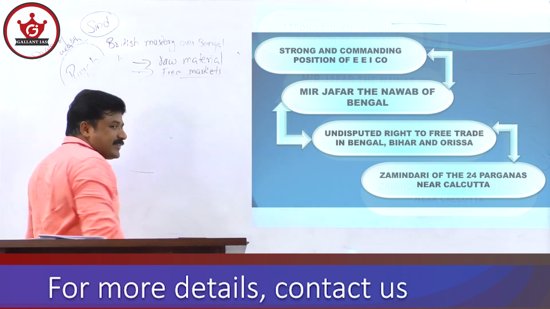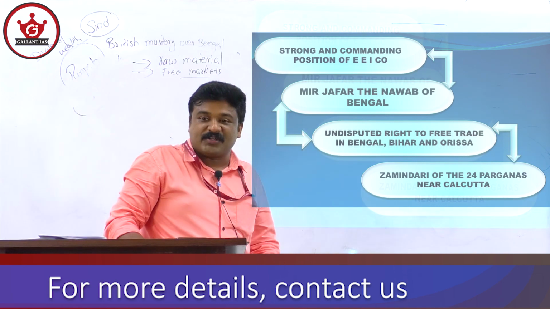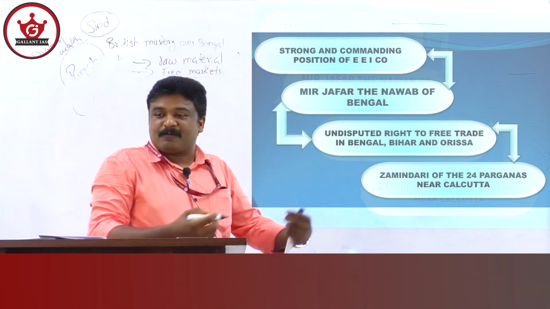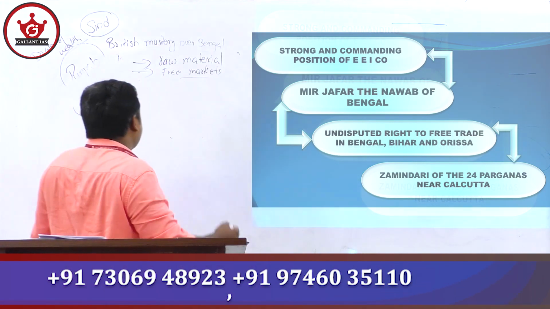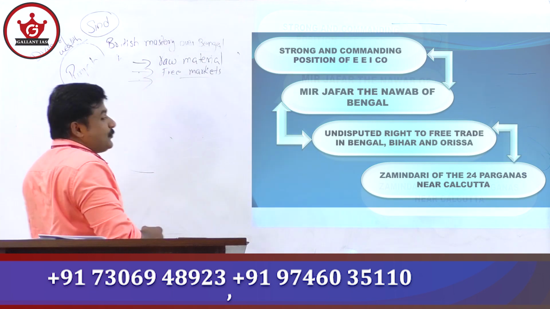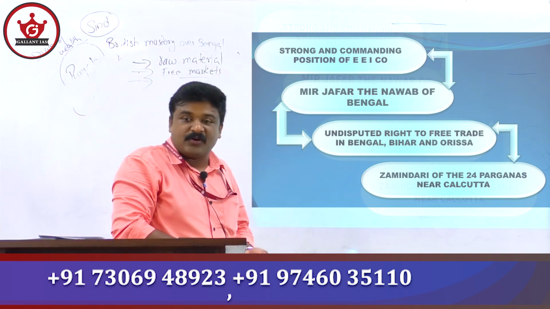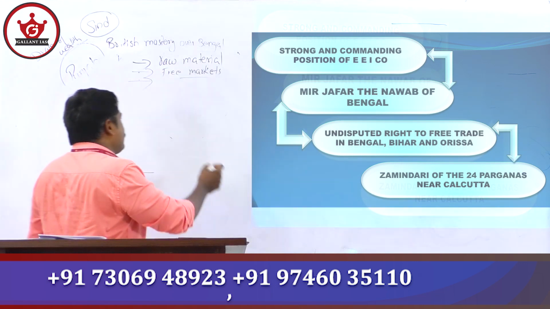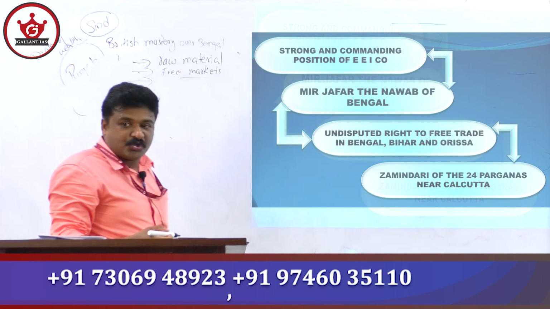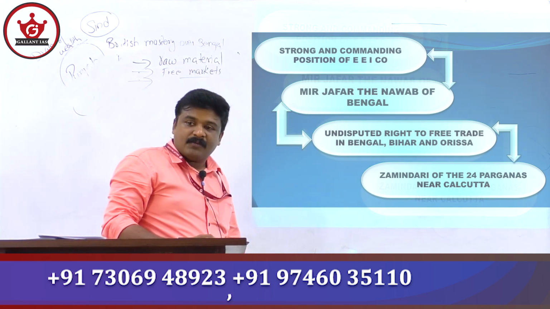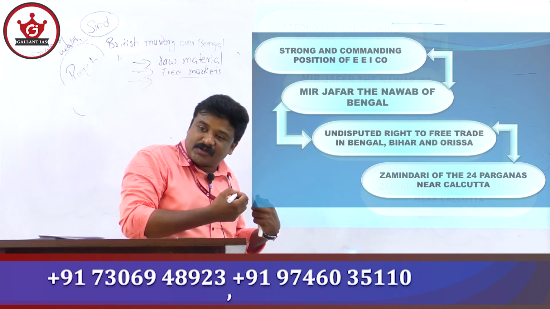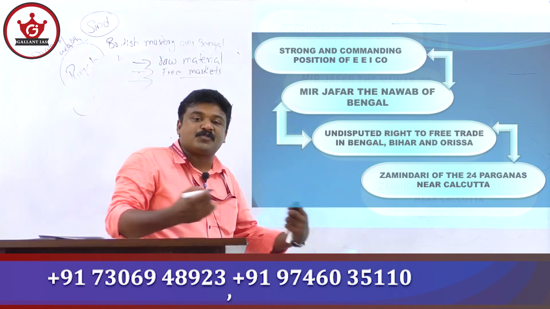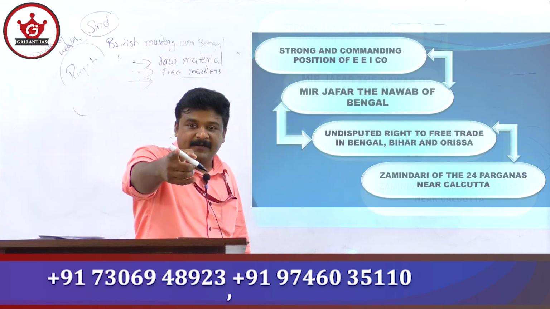Without taxes, without customs duties, they started selling their industrial products in Indian markets. So opening up free markets was also a constituent of the drain of wealth. That is one-way free trade, officially and constitutionally by the 1813 Act. But even in the 18th century itself, free markets were being opened in different parts of India.